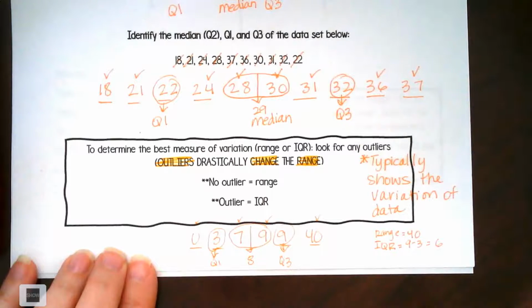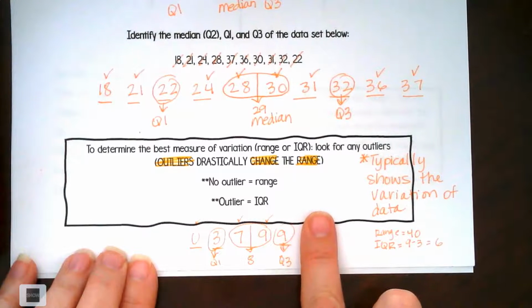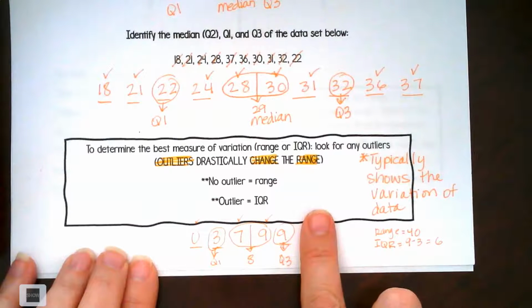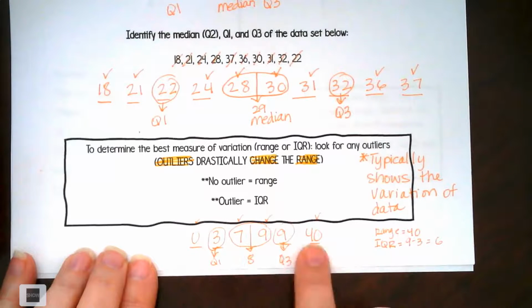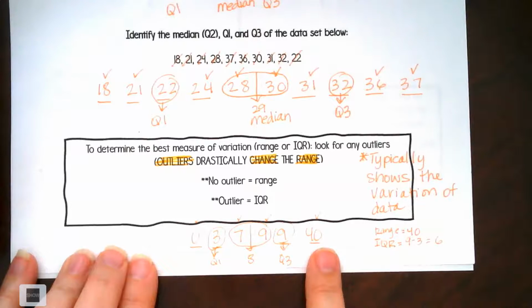Had we found the range without that outlier, it would have only been 9. So there wouldn't be much variability in our data. By including the range, it would make you think, oh my gosh, this is really spread out. But typically the numbers are not spread out. There's just this one outlier that's making a big difference.